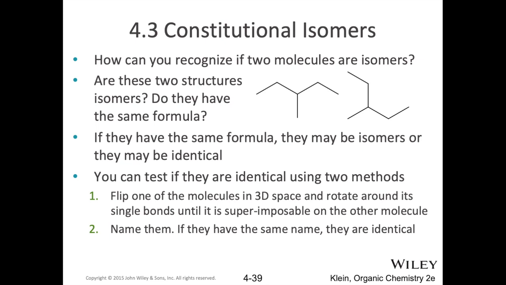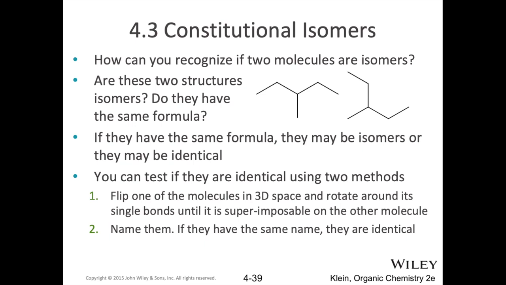Now, eventually you can get to the point where you can do this mentally. You can look at a molecule and mentally rotate around those bonds and figure out, oh, this is the same molecule. It's just rotated 90 degrees, and this bond over here is rotated 180 degrees. I can look at that and see that, but you probably wouldn't be able to do that.